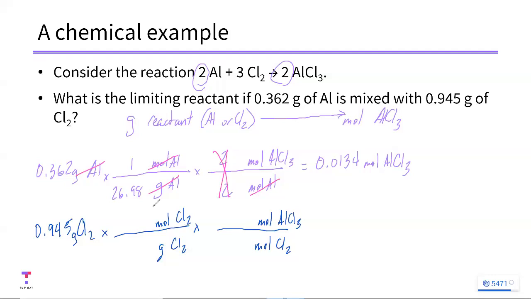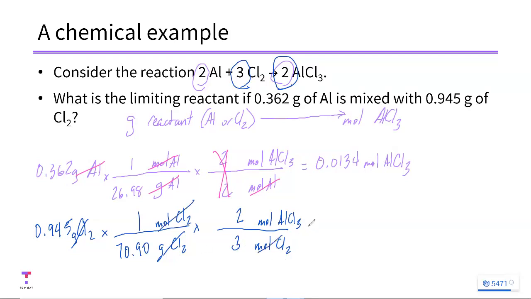For the molar mass, 1 mole of chlorine. Chlorine is 35.45, but there are 2 of them, so I need to multiply by 2, 70.90. Grams of chlorine cancel. Now for the mole conversion, I'm comparing chlorine to aluminum chloride, 2 aluminum chloride for 3 chlorine.